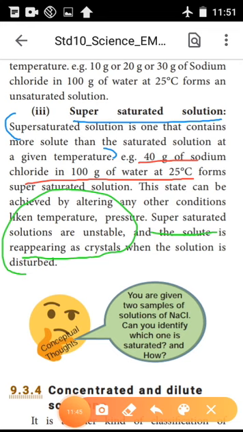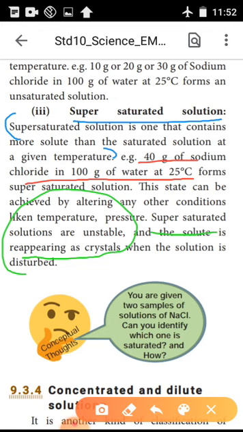Let's see the third type of solution, supersaturated solution. A supersaturated solution is one that contains more solute than the saturated solution at a given temperature. For example, the temperature is 25 degrees Celsius.